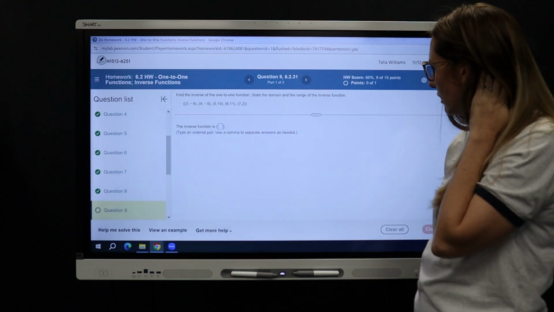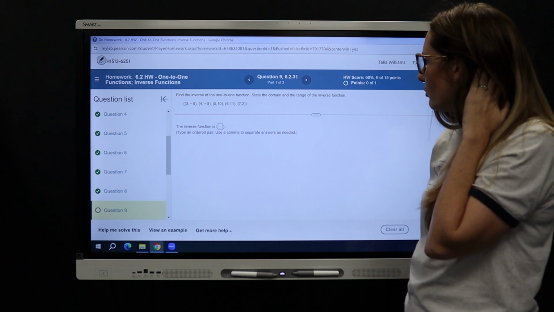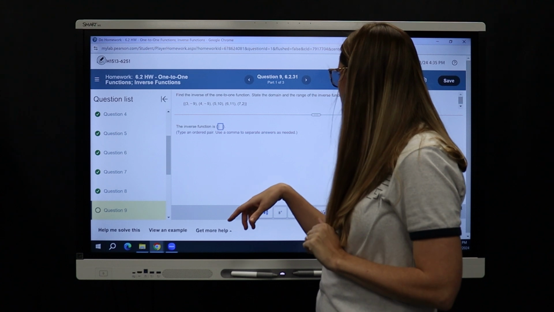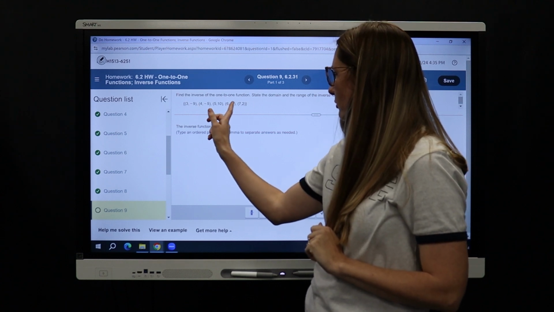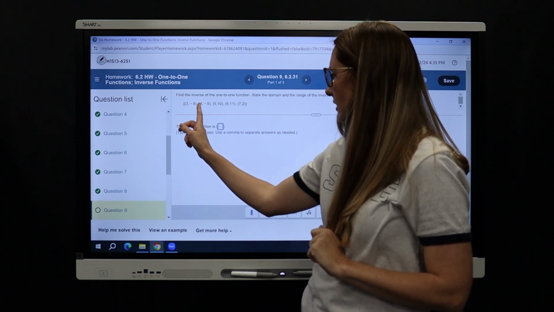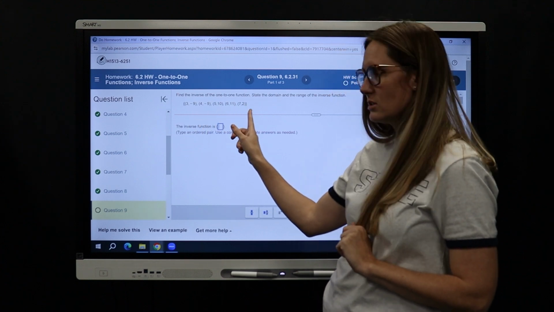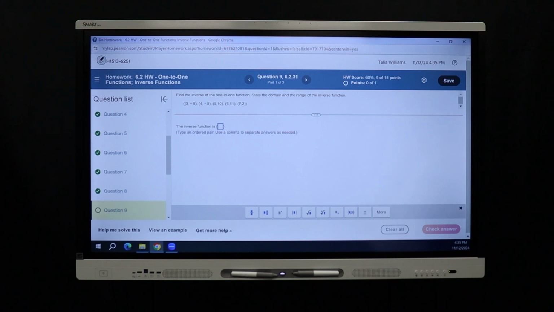These are not bad. Find the inverse of the one-to-one function. I'm going to take every single one of these and flip them. So it's going to be -9, 3, -5, 4, 10, 5, 11, 6, 2, 7. But I need to sit to type it.